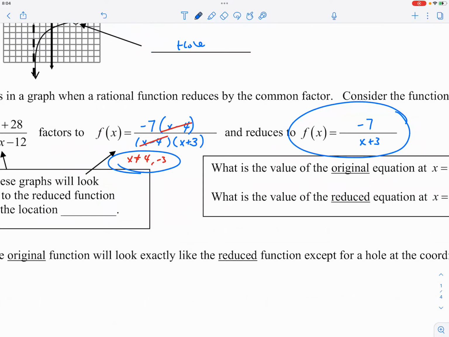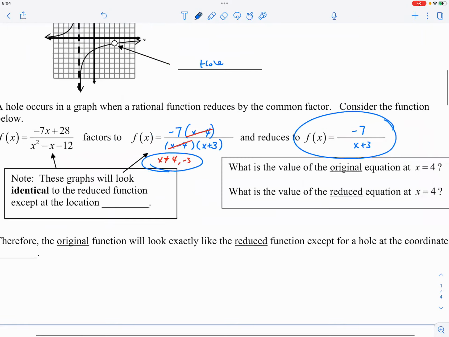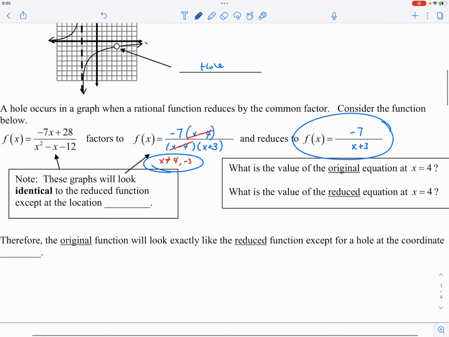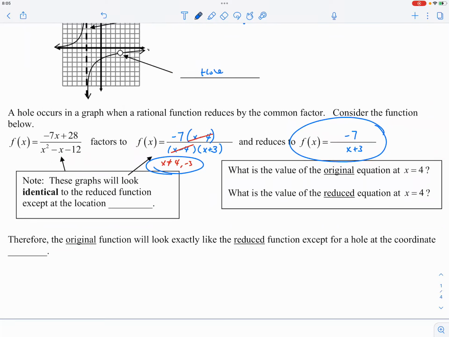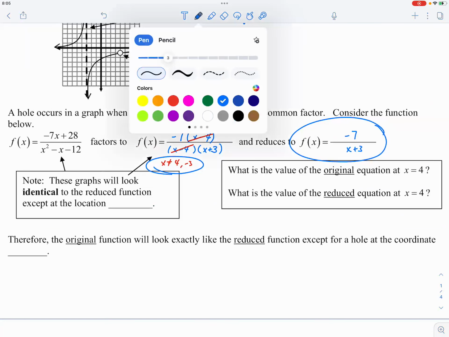So how do we know we will have a hole? Whenever we cross out a term, then we will have a hole. And how do we find out where the hole is?